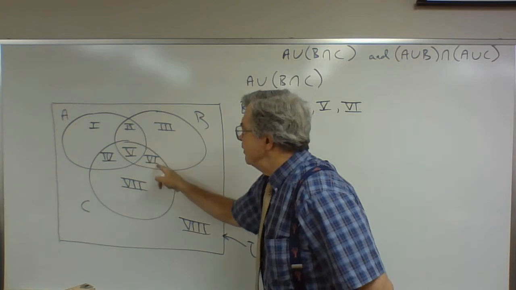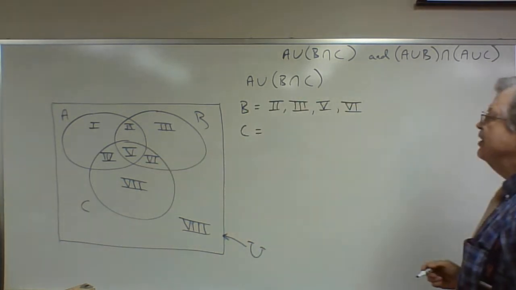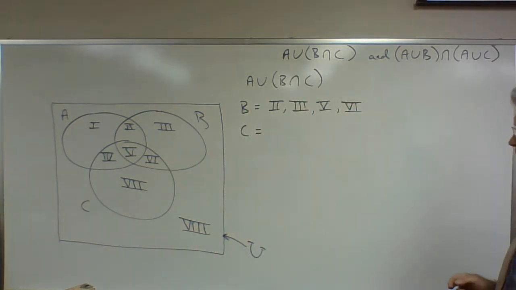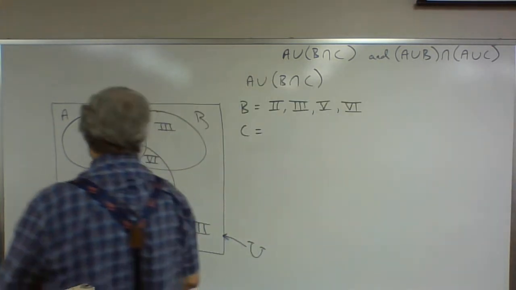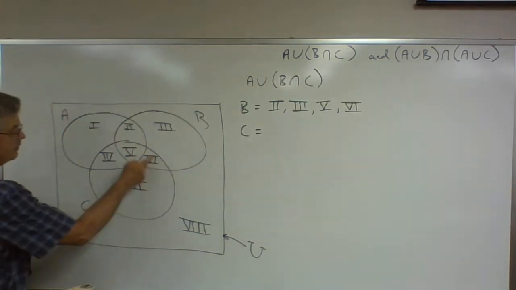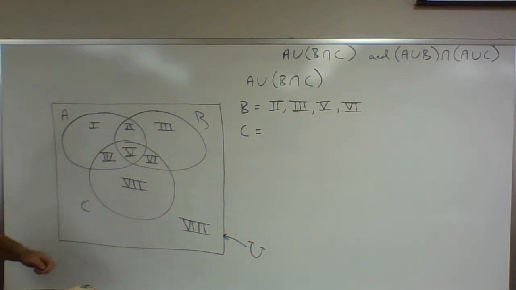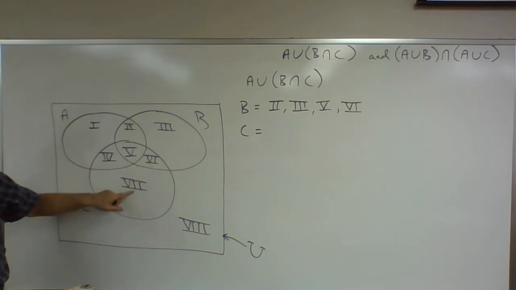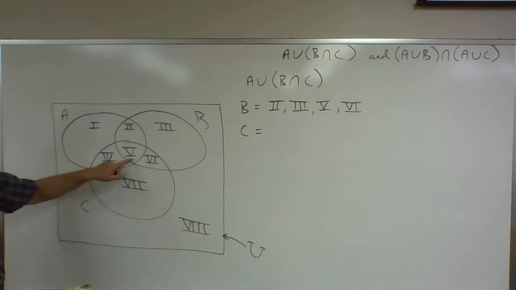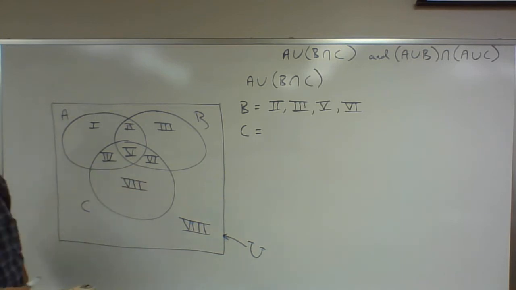Check. Everything in region C is contained in the C circle, so C contains regions 4, 5, 6, and 7.